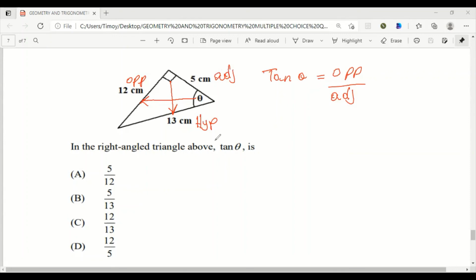So tan theta is going to be the opposite length, which is 12, divided by the adjacent length, which is 5. So it's going to be 12 over 5, which is B.